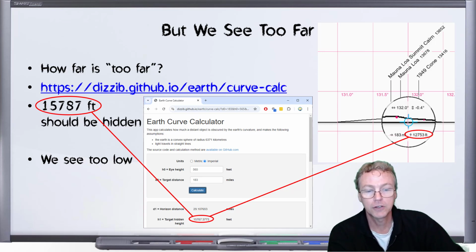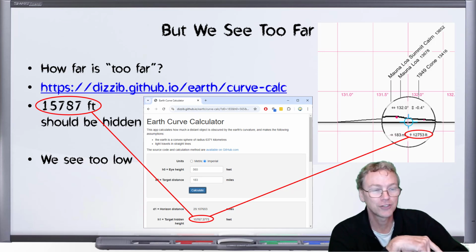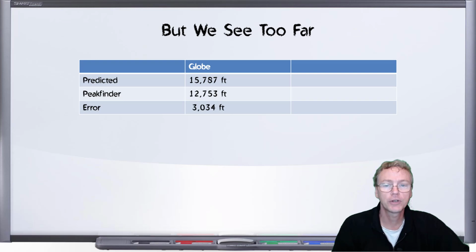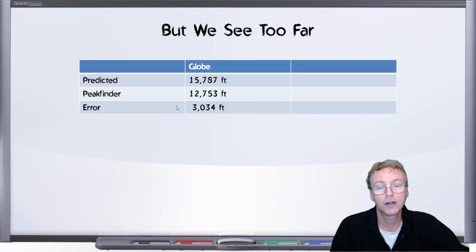The Earth curve calculator says we should be 15,000 cut off, but we're seeing 12,000. Okay, let's put that in our little chart. We predicted using the Earth curve calculator that this much would be cut off. Peakfinder says, no, only this much was cut off.